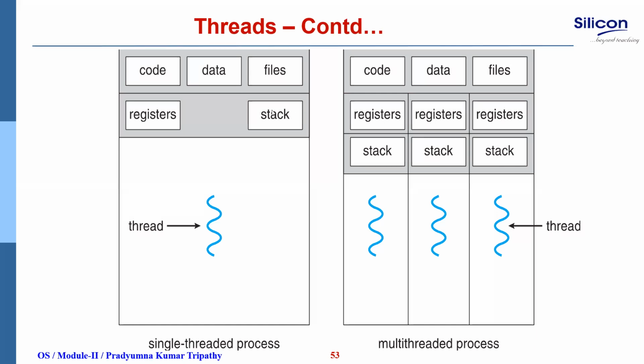The process will instruct how many threads are to be created, or the user will write a program and request the operating system to create a thread. Now for every thread, separate registers, stack and program counter are created. But code, data and files remain the same. Everything else in memory remains the same. They will be sharing all this.